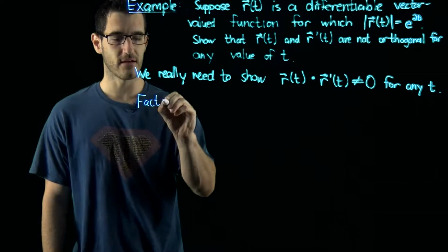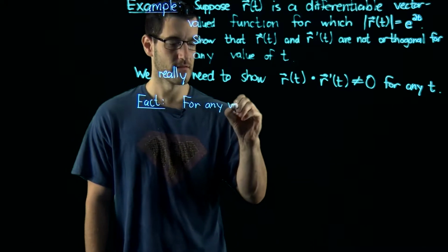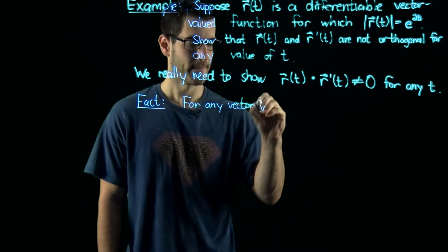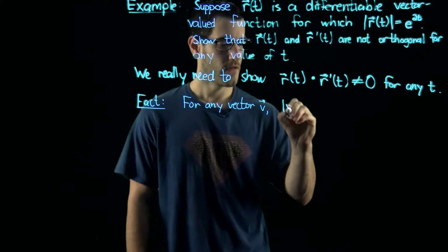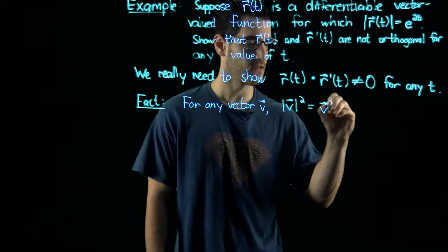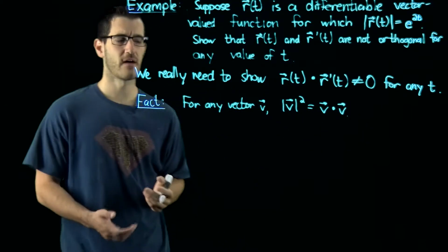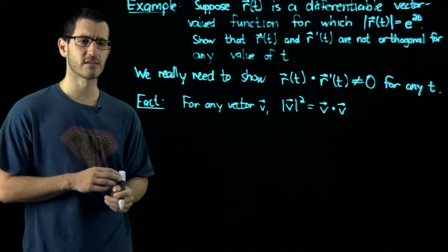And so, simple little fact here, for any vector v, if we look at the magnitude squared, this is the same as just taking the vector dotted with itself. So I'm not sure if you've seen this before, but there are a few ways to show this.